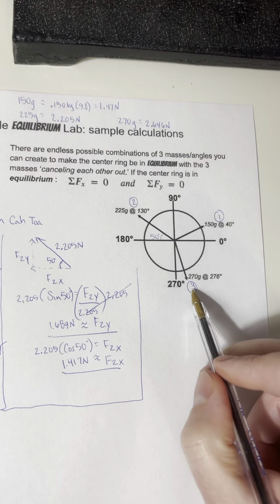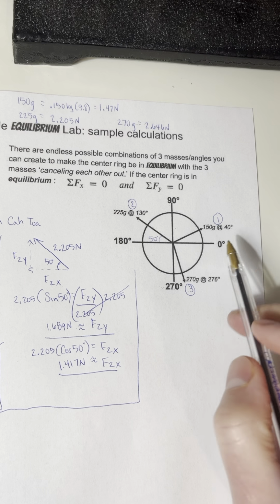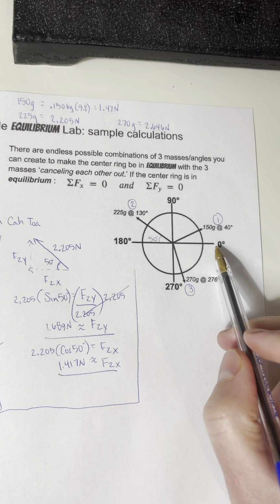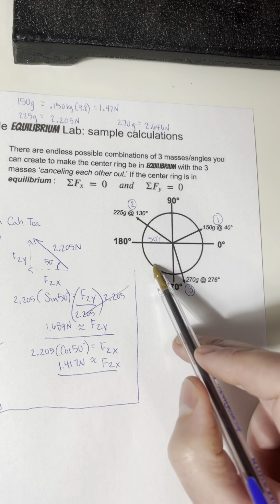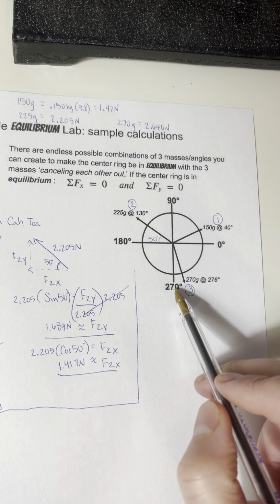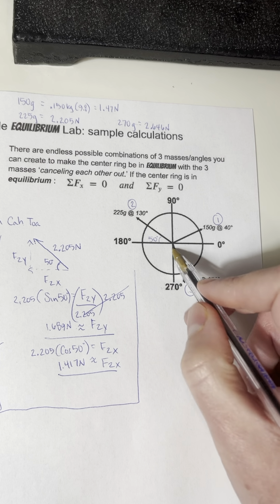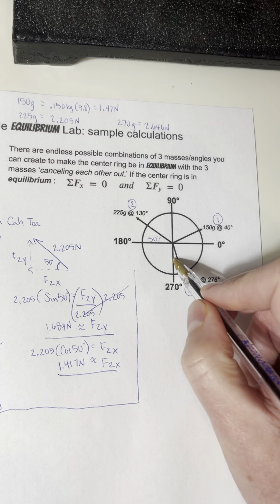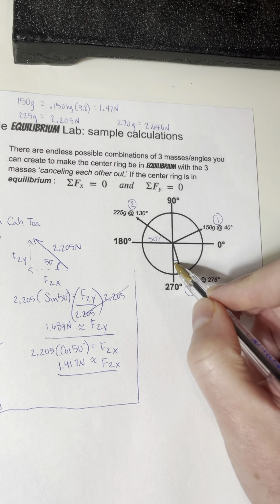And then finally, 3 here. If you look relative to the 0-degree mark, going all the way around at 276 degrees, so if this is 270 degrees, in terms of this being an isolated triangle, this is just a little 6-degree angle here.